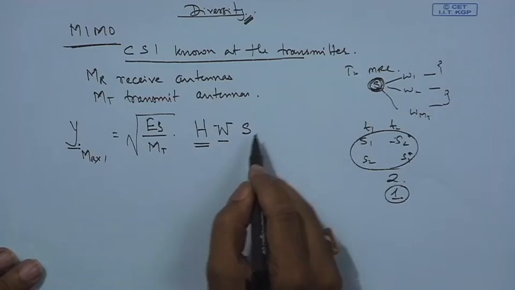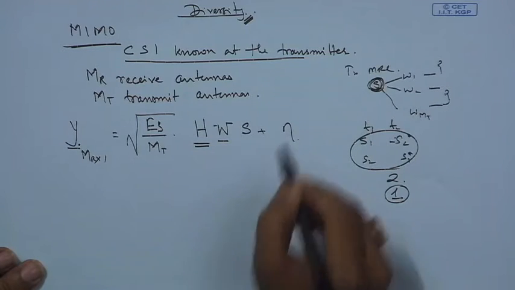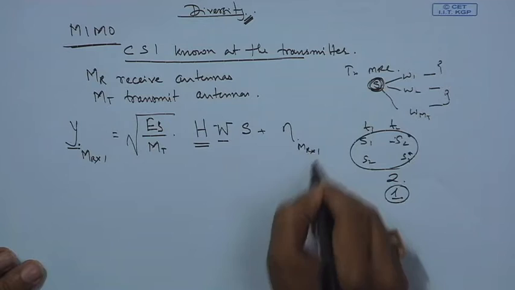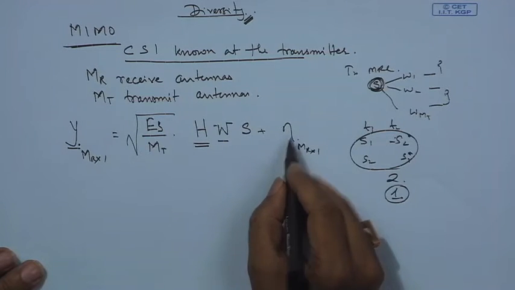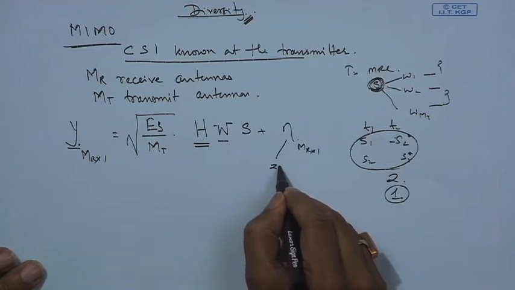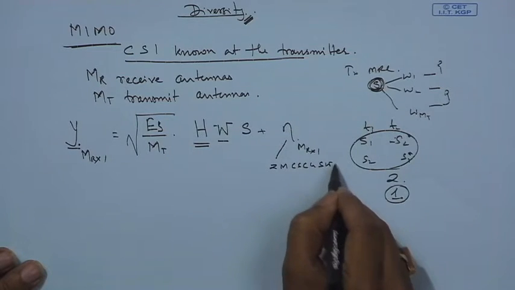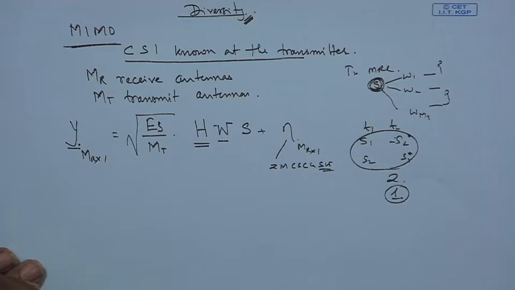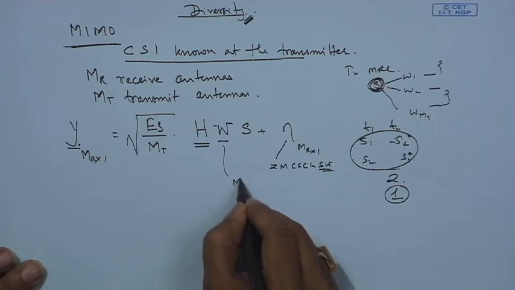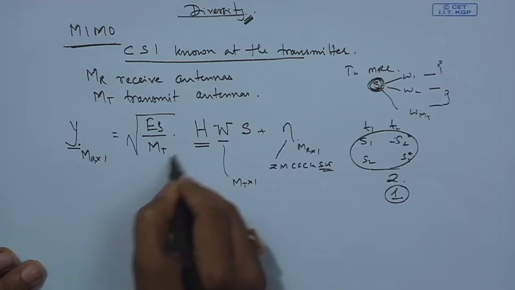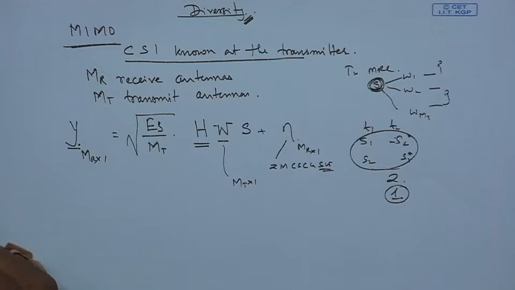So we have this s over here plus noise. This is also MR cross 1, and this would be spatially white. That means zero mean, circularly symmetric, complex Gaussian, spatially white. We could add this, and w is MT cross 1. We have an MT again to ensure that the total power is maintained.